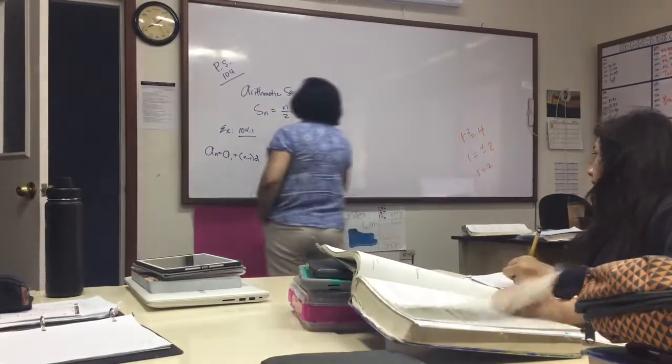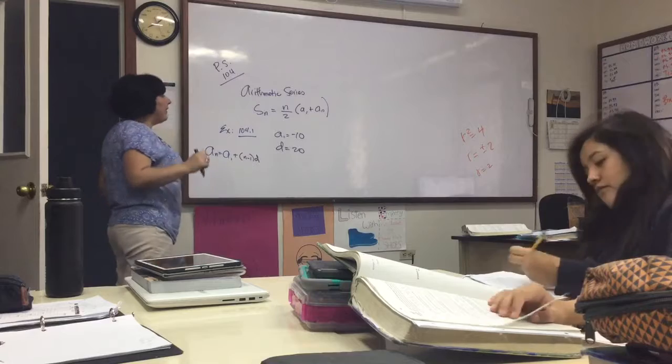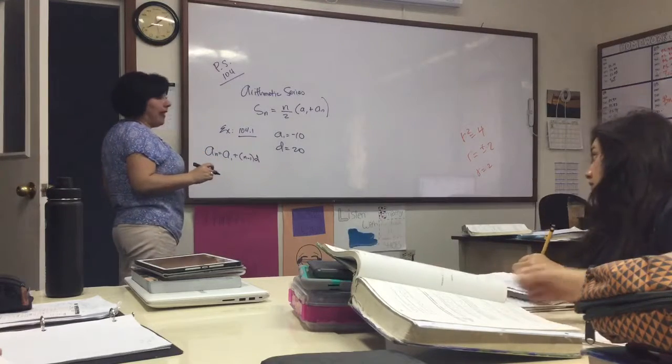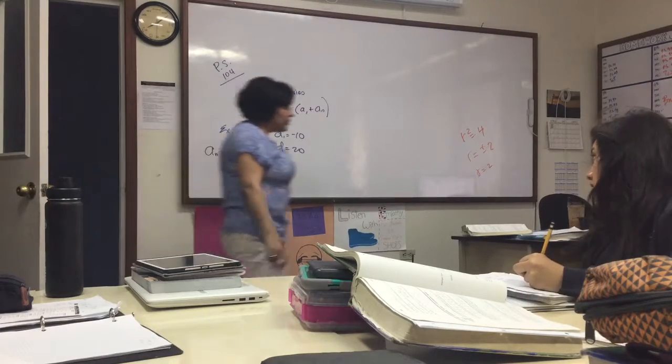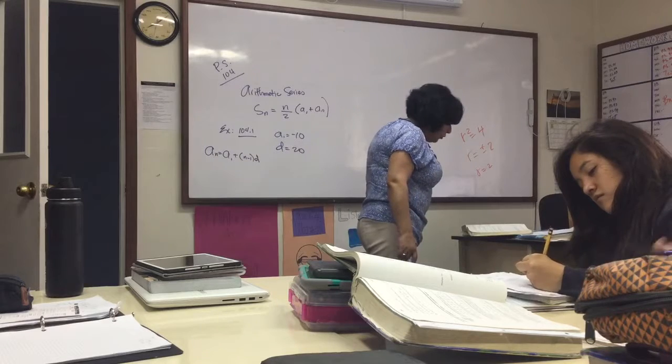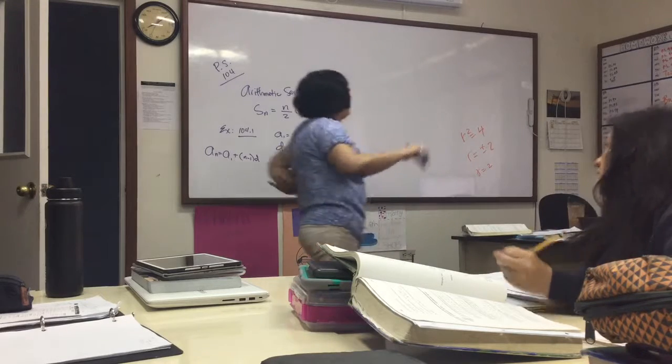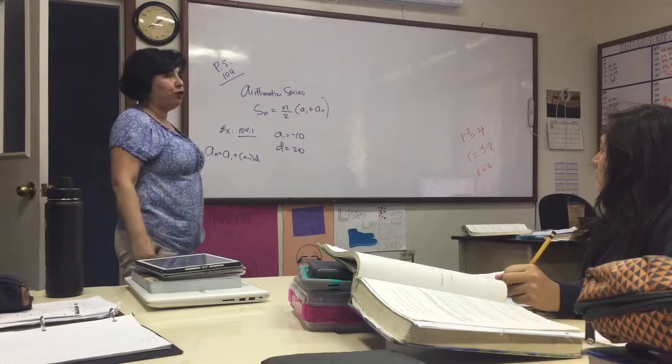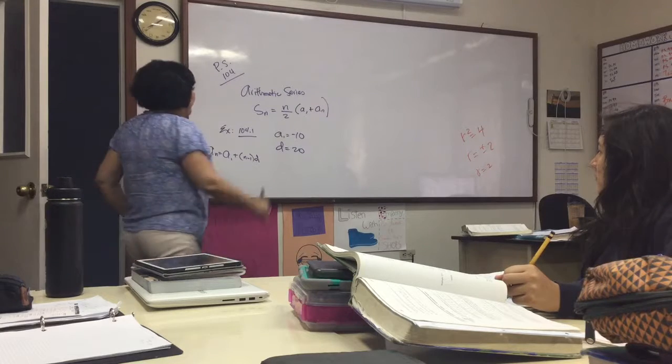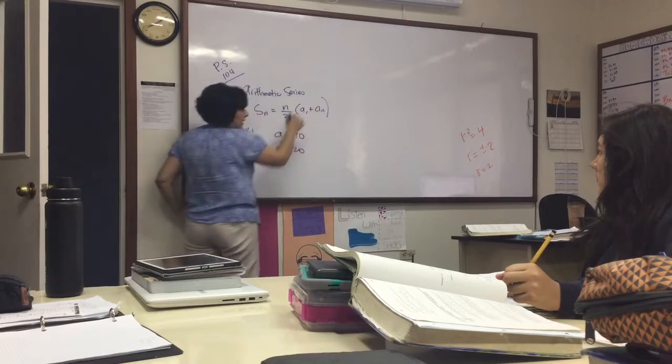Okay, so if we're trying to find the sum, we've got to find a sub n, right? And the question is, use the first 4 terms. So how do you find the sum of the first 4 terms? You find the 4th term, because that's the one you need, right?